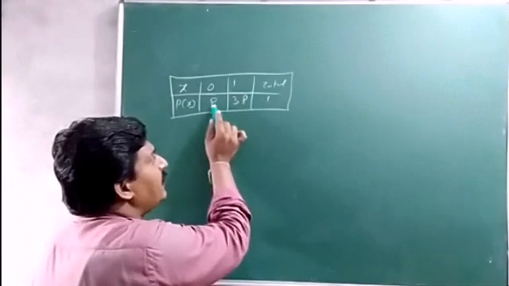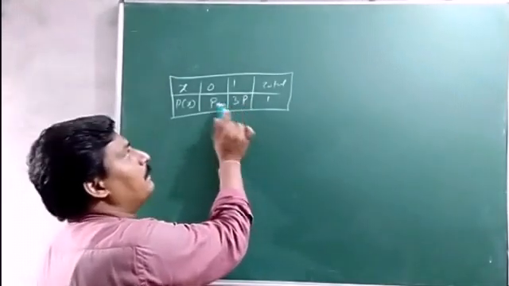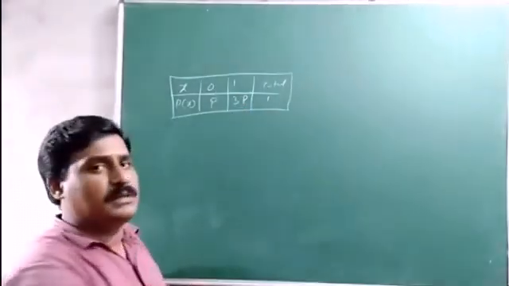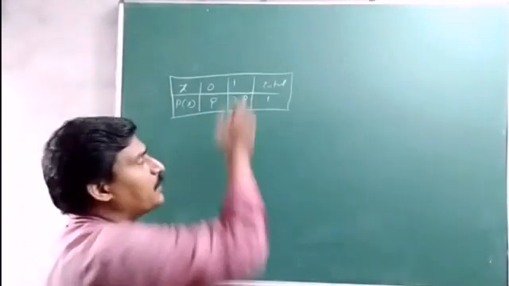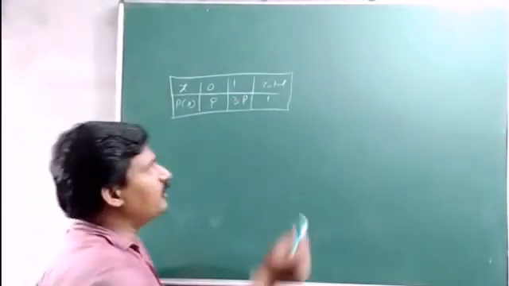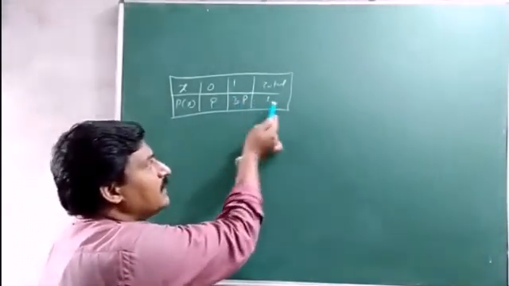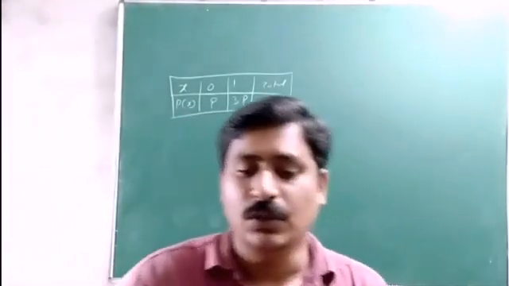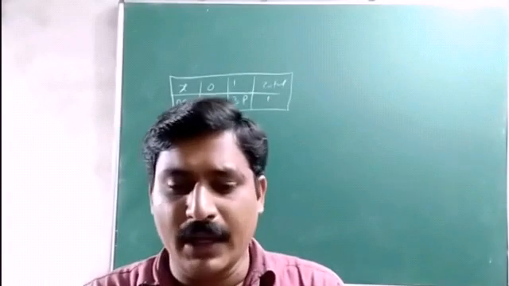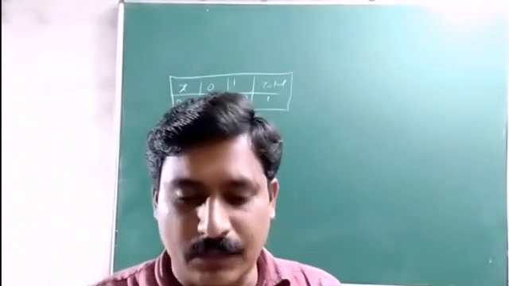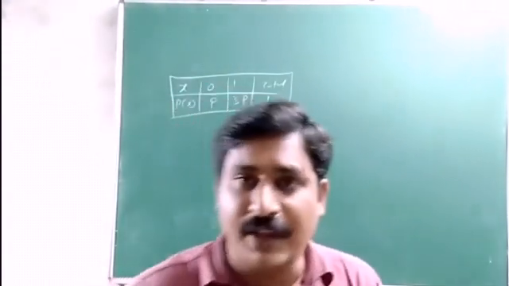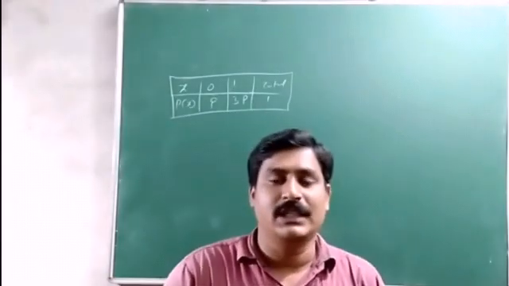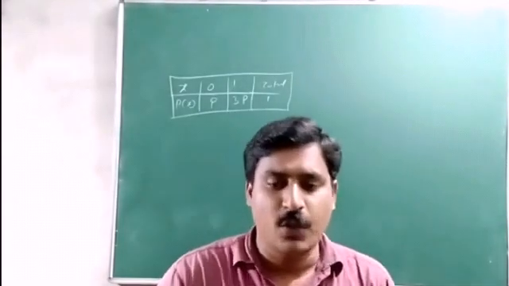So p is the probability of 0 and 3p is the probability of 1, and we know that p plus 3p is equal to 1. What they asked is E(X) and V(X), that is expectation of x and variance of x.